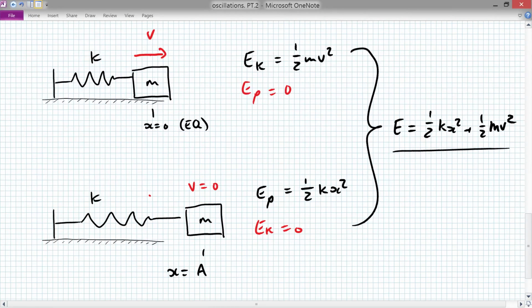I will just say as an aside, this equation is derived by looking at the integral. So for you mathematicians, it's the integral of Hooke's law.